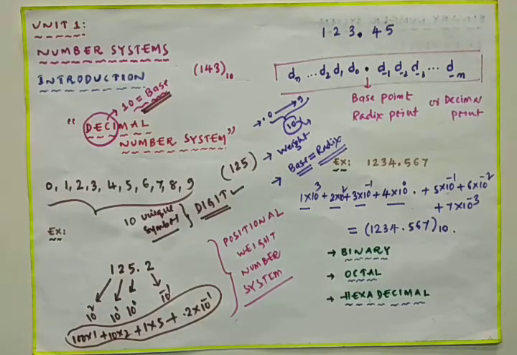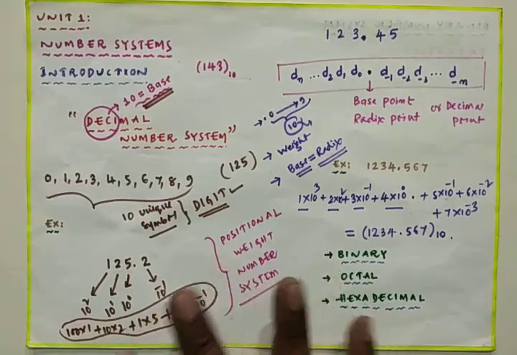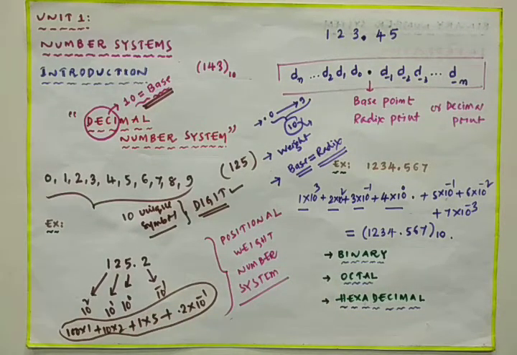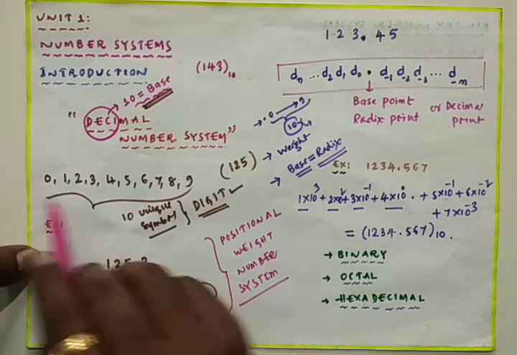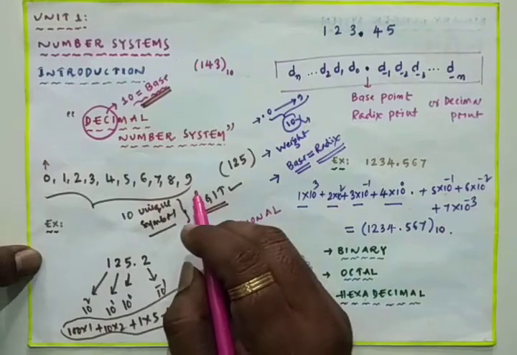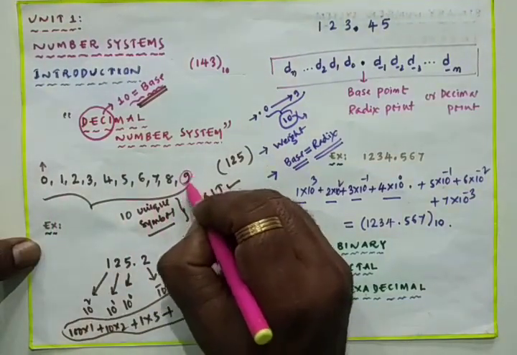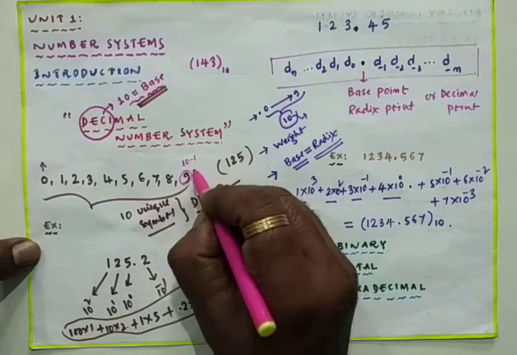So here the point is very clear. If you go with any number system, it starts with 0 and ends with base minus 1 only. See this one? Here it is the decimal number system. It started with 0 and the total number of digits is 10, and that 10 is nothing but the base. 10 minus 1 is 9.